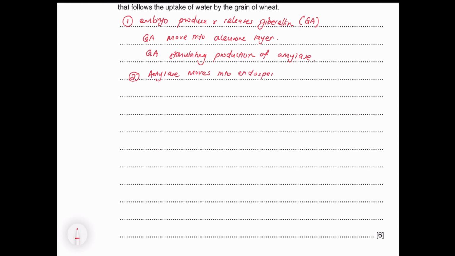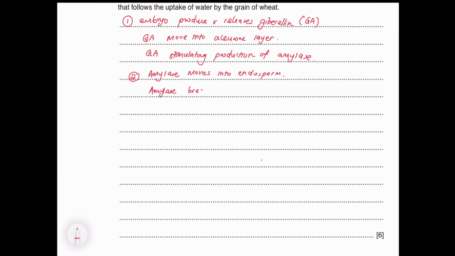So in the exam, if you fail to label part B, at least mention that the amylase can move into layer B or section B. So at least the examiner knows that you are following through the process and answering the question.